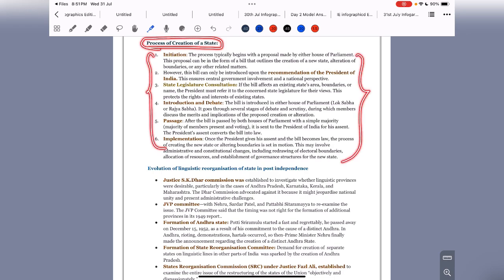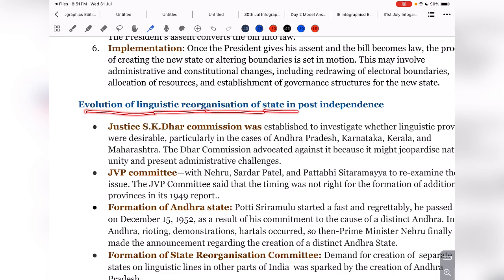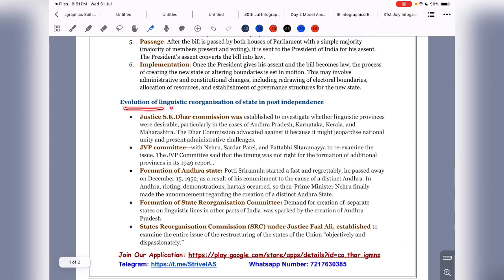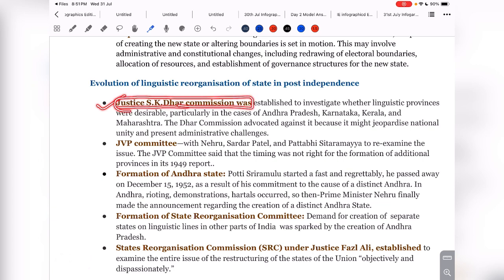Okay, then as I have already discussed, in the second part of your answer, you need to discuss the evolution of linguistic reorganization of states in the post independence period. After independence, how our states were reorganized on linguistic lines. ठीक है, then start with the S.K. Dhar Commission. ठीक है, after independence, the government established a committee under S.K. Dhar to investigate whether linguistic provinces were desirable, particularly in the case of Andhra Pradesh, Karnataka, Kerala and Maharashtra.